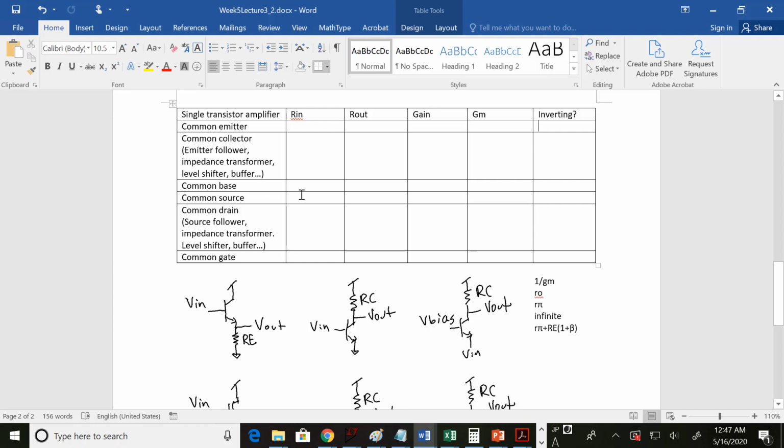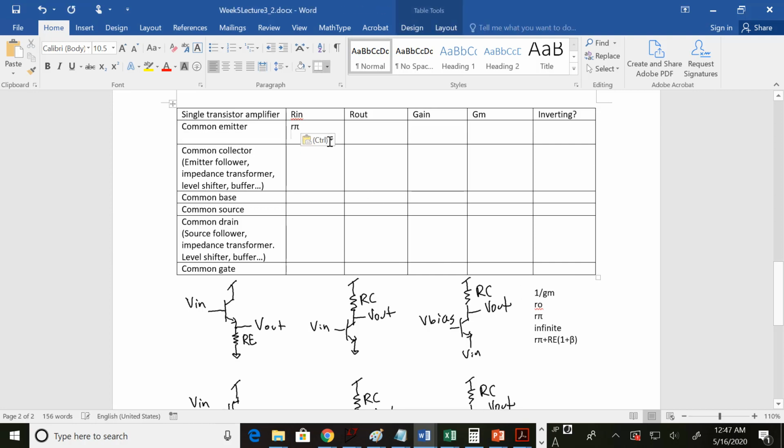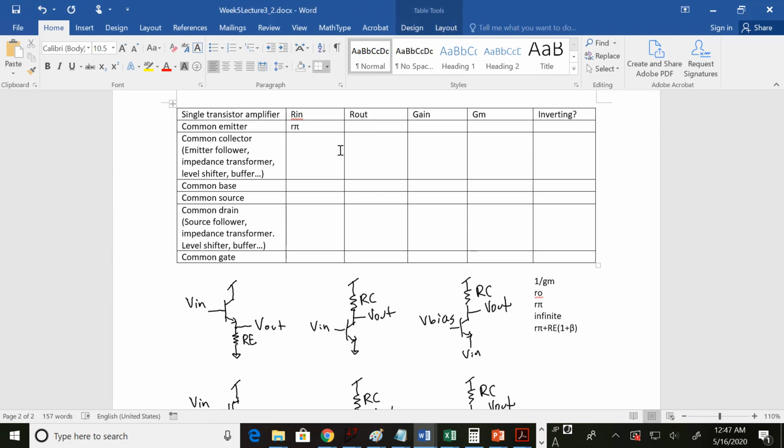If you want to go through and do this on your own, do it right now. Otherwise, I'm going to fill this in. For R in of the common emitter, it's going into the base, there's no degeneration, so that R in is R pi.